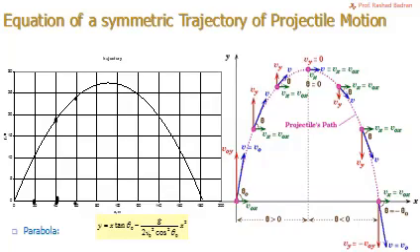So again, we have to come back here to notice that you have this trajectory with a symmetry around this dashed line. On the left-hand side of the motion, the component of velocity is decreasing while it's going up because of the pull of gravity downwards.